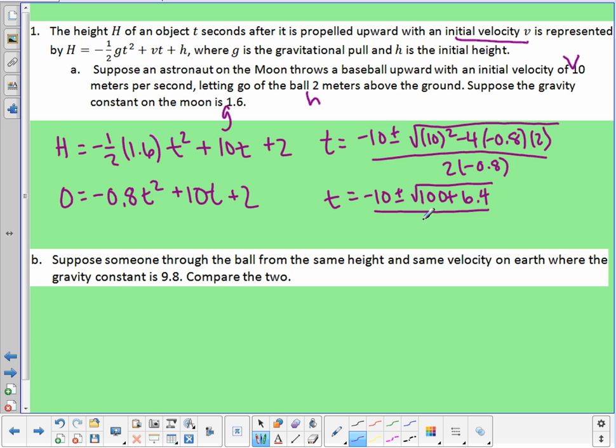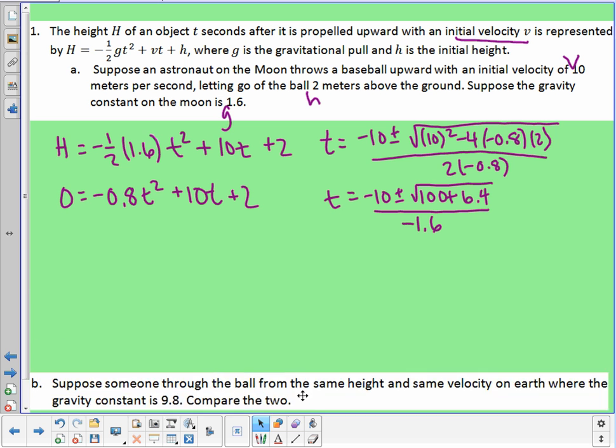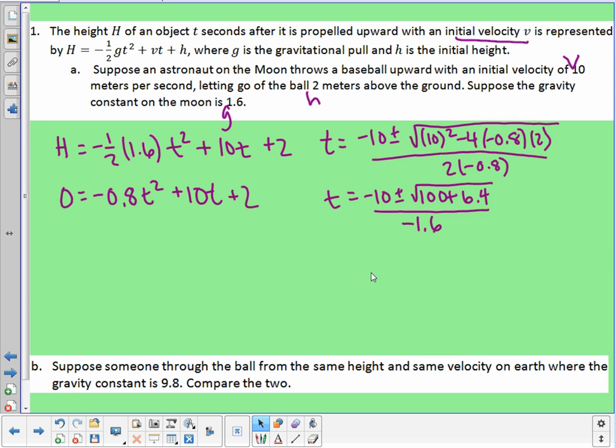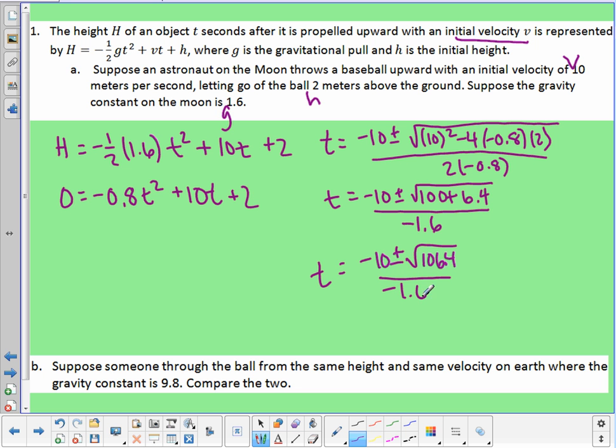And on the bottom, 2 times negative 0.8 is negative 1.6, which is what we already had. I end up with t equaling negative 10 plus or minus the square root of 106.4, divided by negative 1.6.